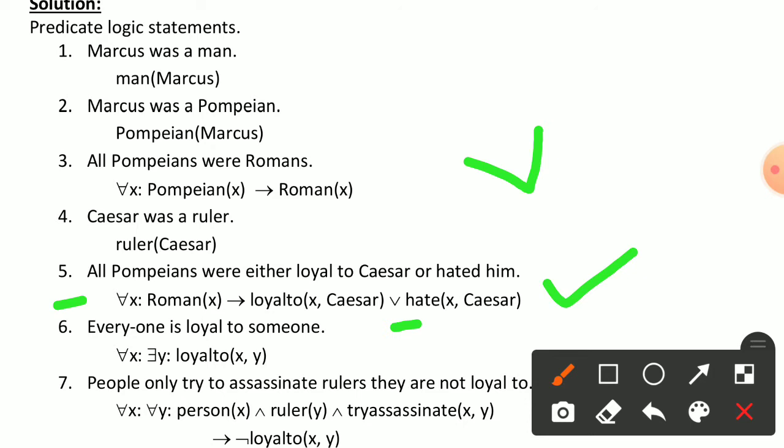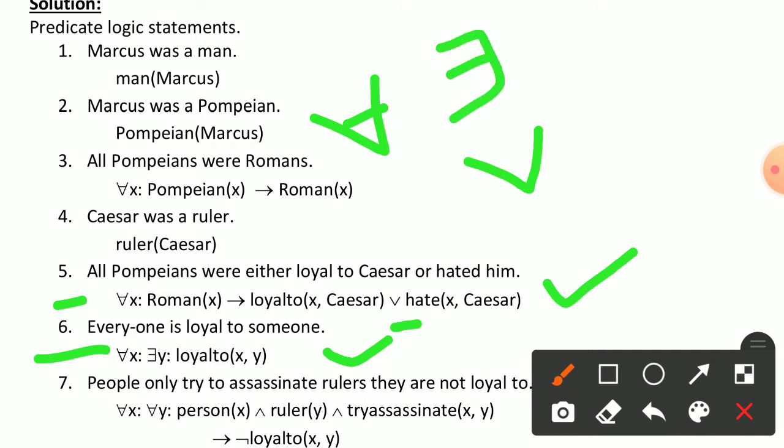Now the next sentence is everyone is loyal to someone. So we can write this sentence as for all X, there exists Y, loyal to X comma Y. This is the symbol for all and this is the symbol for there exists.